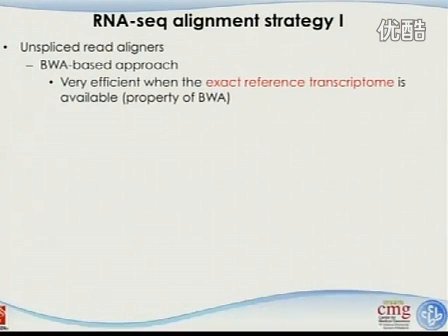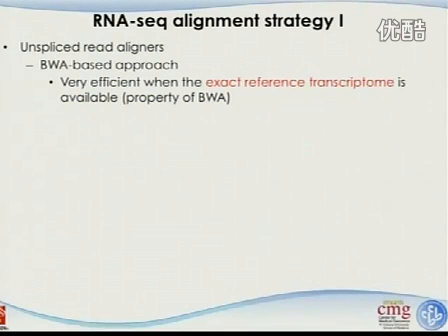And for the alignment strategies for the unspliced ones, just to compare a little bit: the BWA-based approach is very efficient when the exact reference transcriptome is available. This is the property of BWA. Remember, when we went through the BWA calculation, we never talked about how they handle mismatches and things like that, and it actually becomes quite complicated, so I didn't go through that.